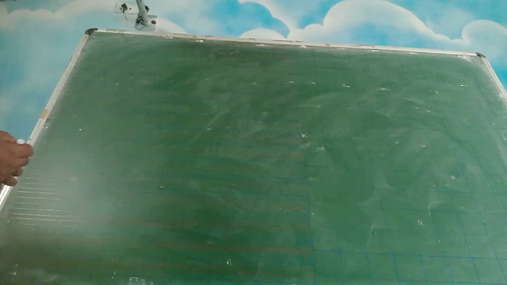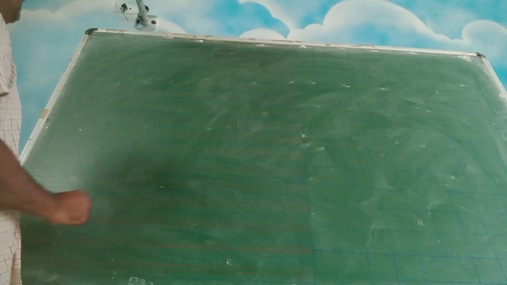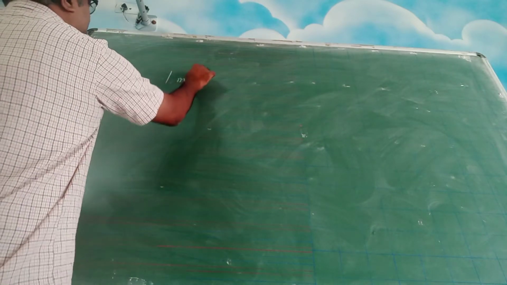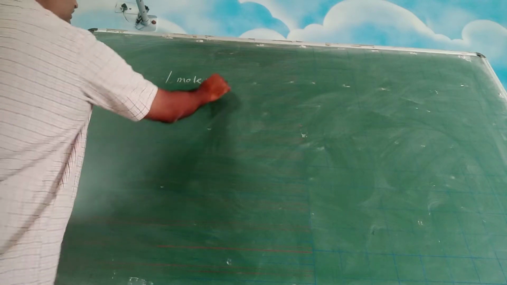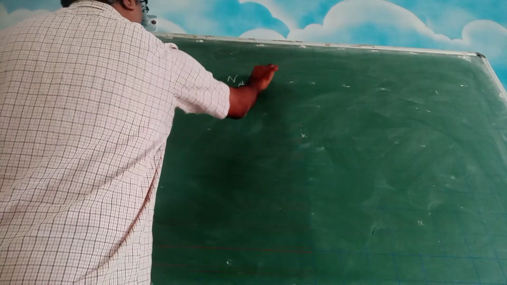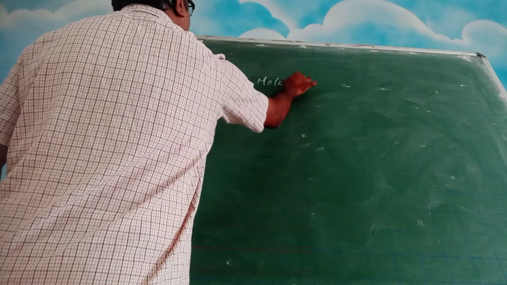Now, continuing from the last class, see, one mole, how many molecules does it have? Avogadro number, 6.022 into 10 to the power of 23. So that you will write, it has these many molecules, right?